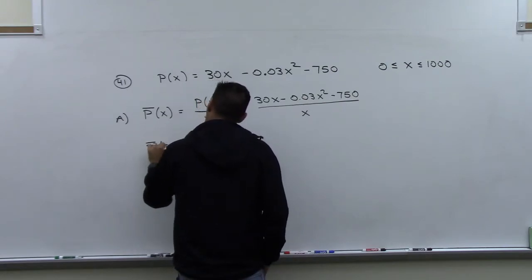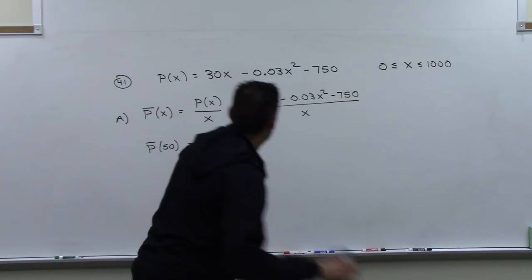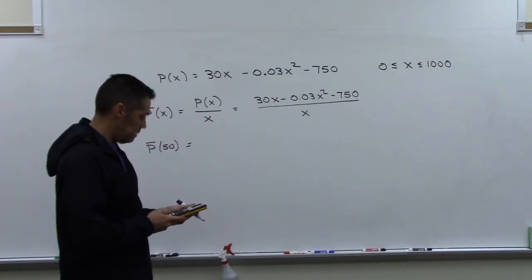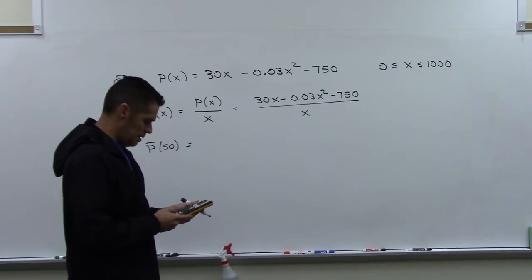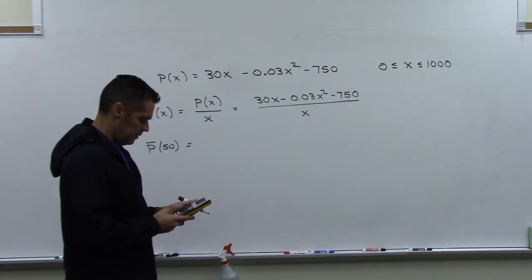So we plug in 50, and when we plug 50 into that, we get 30 times 50 minus 0.03 times 50 squared minus 750.